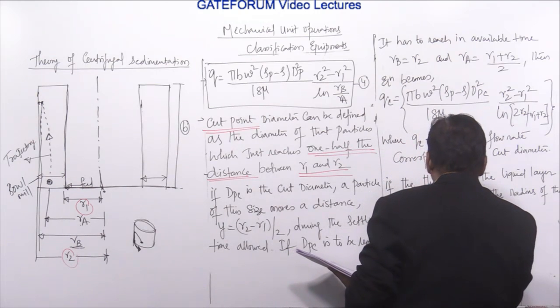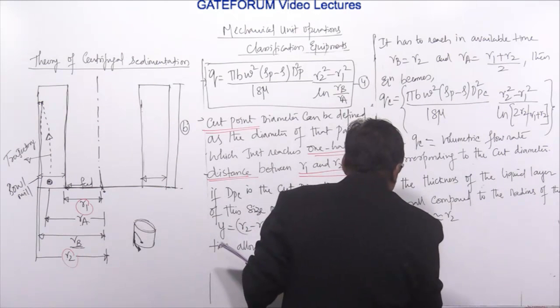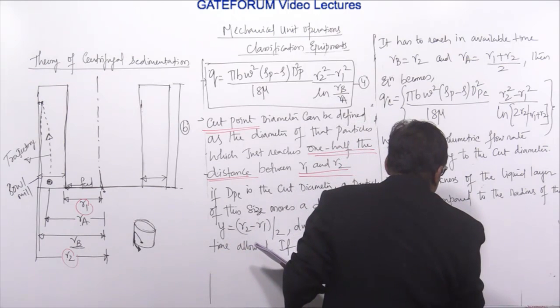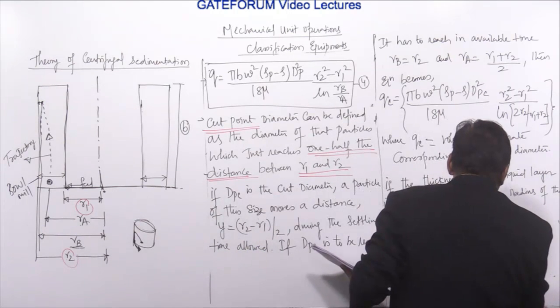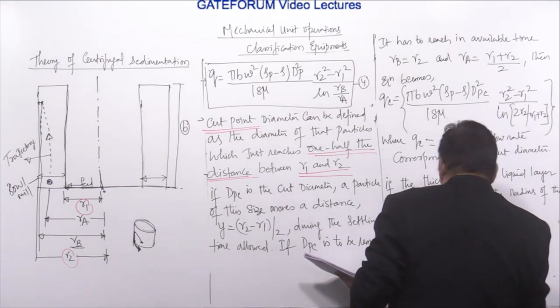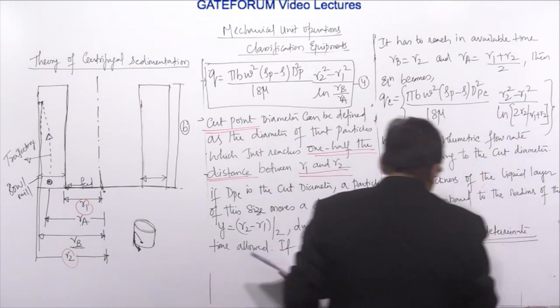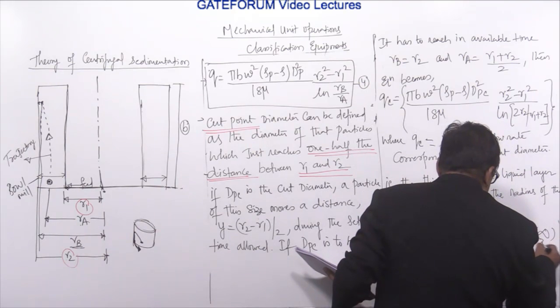R1 is equal to R2. Equation 5 becomes, it's very, very important, indeterminate. A question may be asked on this. Indeterminate means we cannot solve the equation, means infinity.